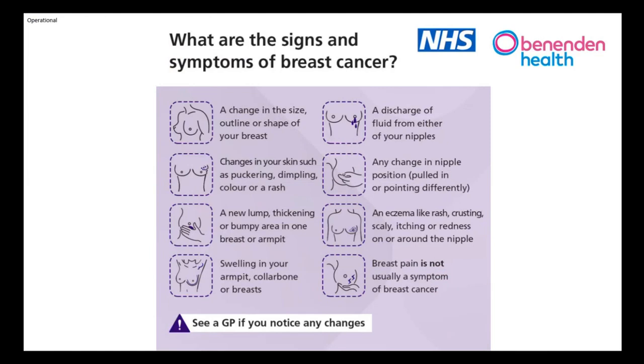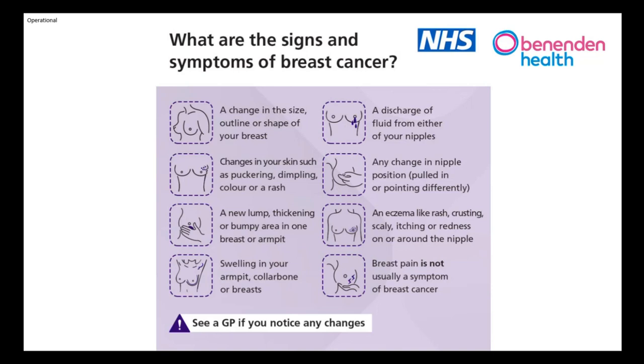So we have symptoms of breast cancer next. What are the signs and symptoms? The first symptom most people notice is a lump in their breast or some thickening. Most breast lumps are not cancer. Lumps that aren't cancer are called benign lumps. Most benign lumps are areas of normal lumpiness, usually more obvious just before a period.